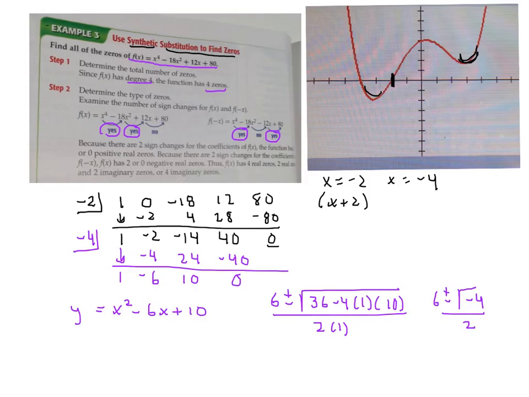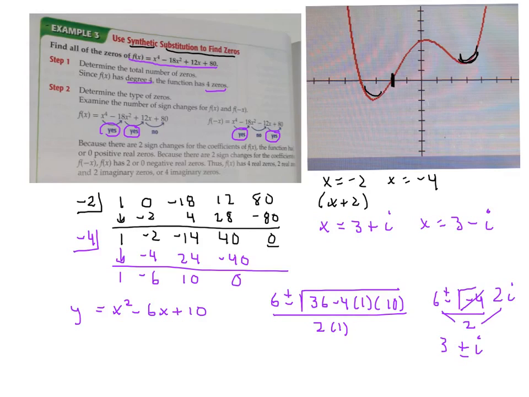So what are these zeros? They are x equals 3 plus i, and x equals 3 minus i, because 6 divided by 2 would be 3. This is going to be 2i, and when I take 2i and divide by 2, I just get a simple i. And it's going to be plus or minus, of course.